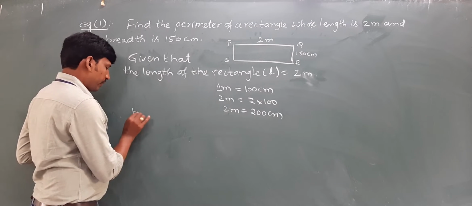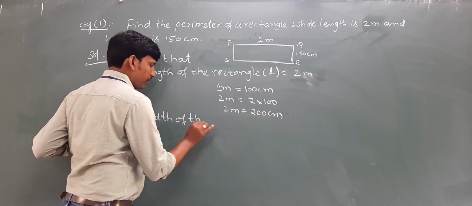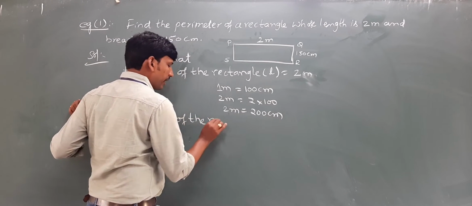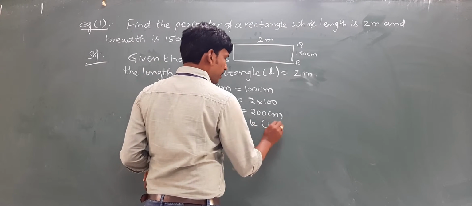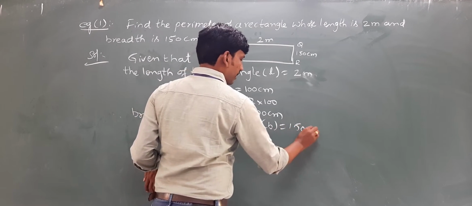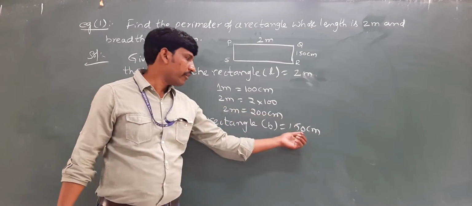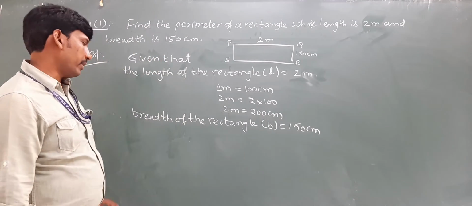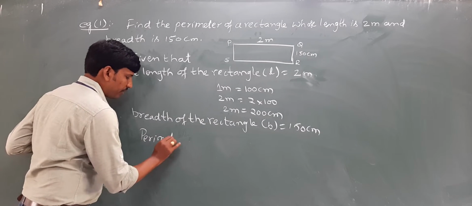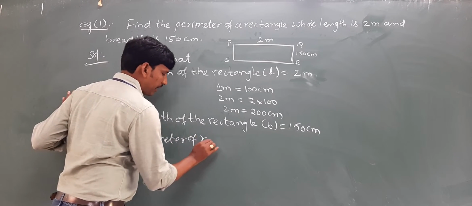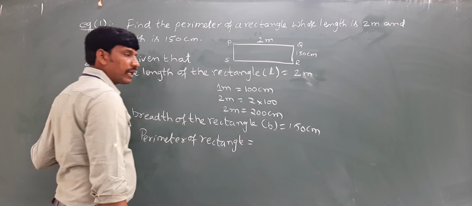Now breadth. Breadth of the rectangle is equal to how much is given? B is equal to 150 centimeters. So I got length in terms of centimeters, and breadth in terms of centimeters. Now we need to find the perimeter. So perimeter of rectangle: what is the formula we discussed yesterday?